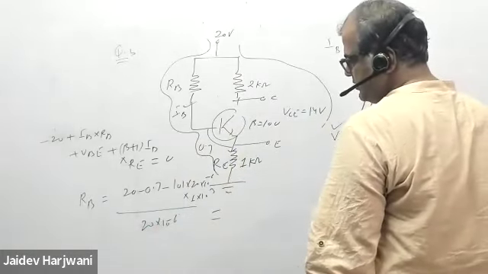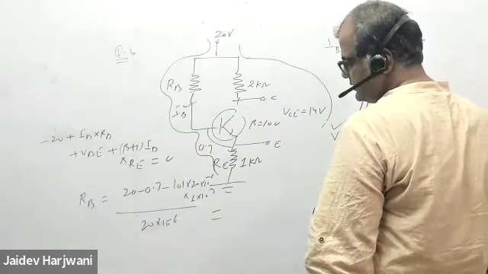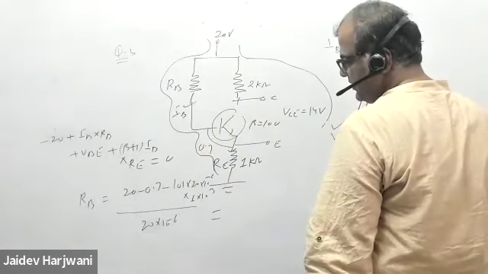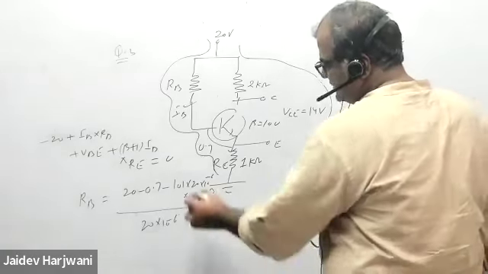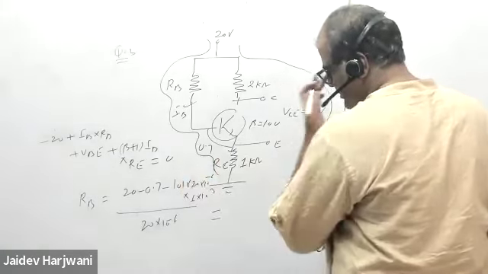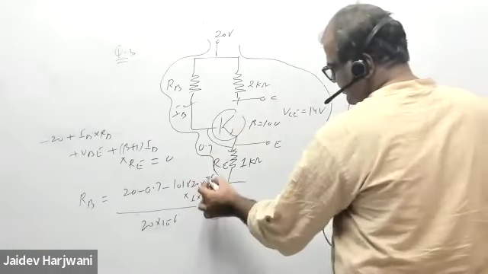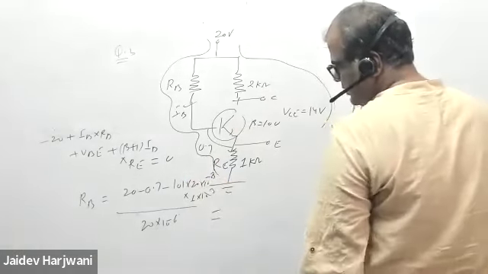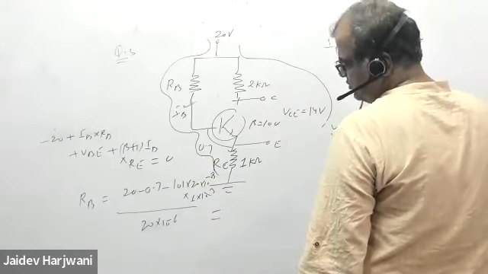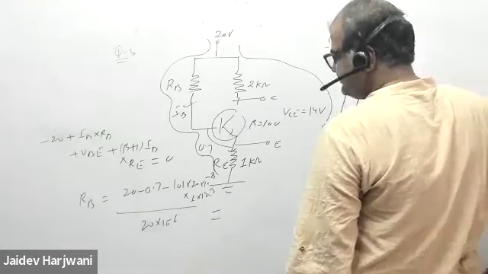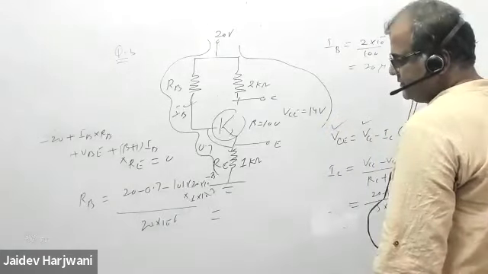How much is coming? How much ohm is coming? If I take this as 100, so this will be how much? This is 10 to the power minus 3, and 100 into 100, 200. Tell me how much is coming, brother.